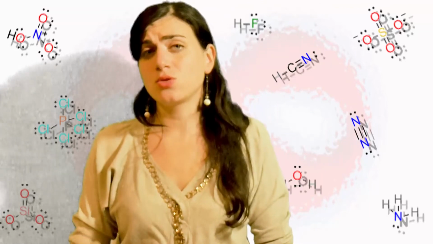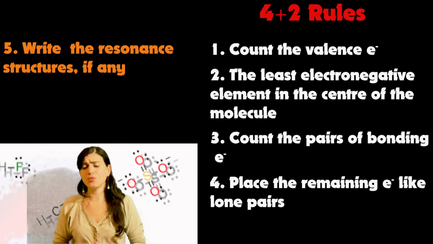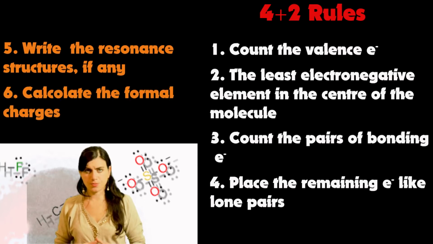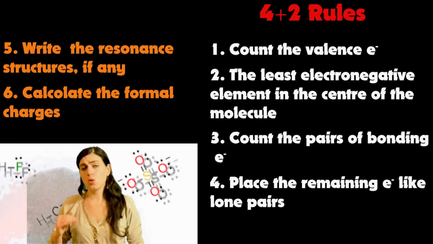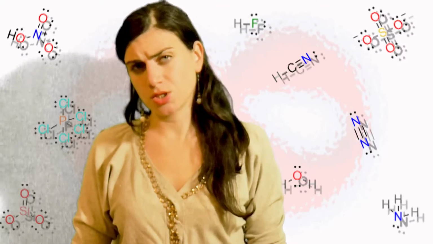So you need in this case to use this 6th rule, which states: calculate the formal charges for each atom in each structure and see which structure has the lowest formal charges on non-metal elements, because this structure will be most stable. But what are these formal charges?